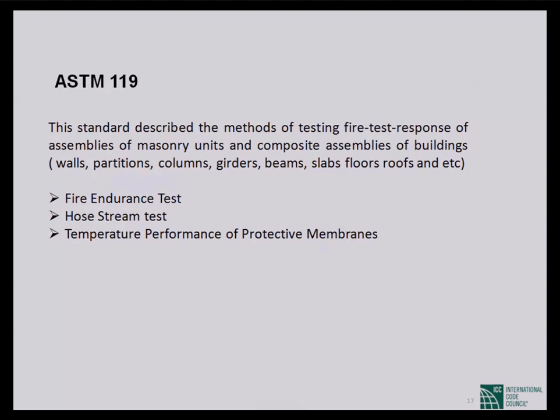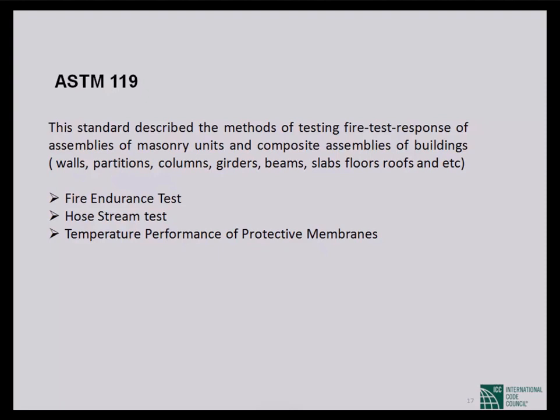How is ASTM E119 tested? They have two types of tests. One is fire endurance test and another is hose stream test. Actually, fire endurance test is done when a member is under load, and that load, it is subject to a certain temperature in a furnace.